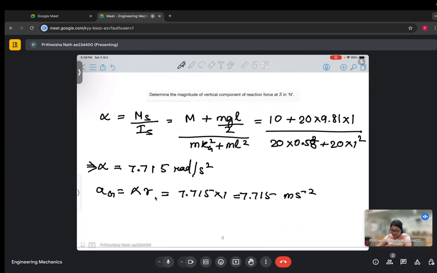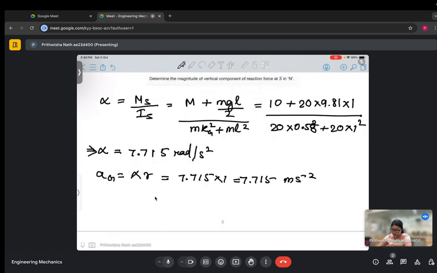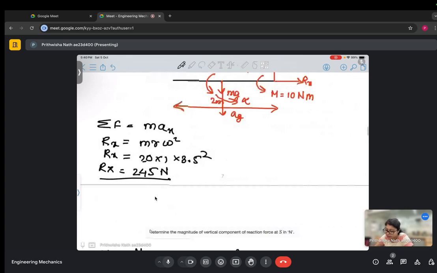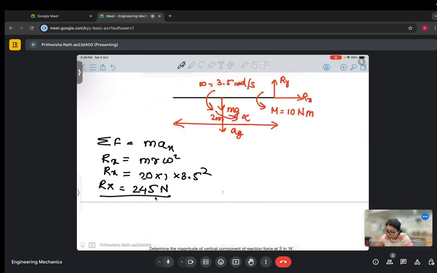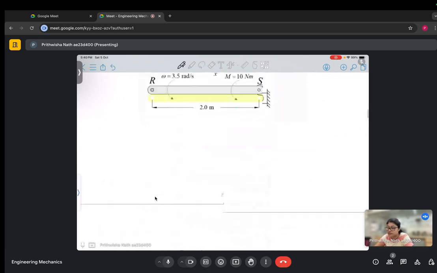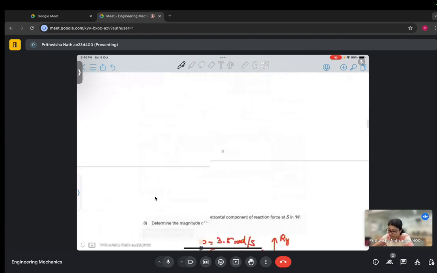Now from this thing I can find out the magnitude of vertical component, that is Ry. Now summation of Fy equals m into Ay. So what is Fy? Ry and minus mg, since it is acting in the downwards direction. This is my reference axis as shown in the problem. So mg is acting in the downward direction.